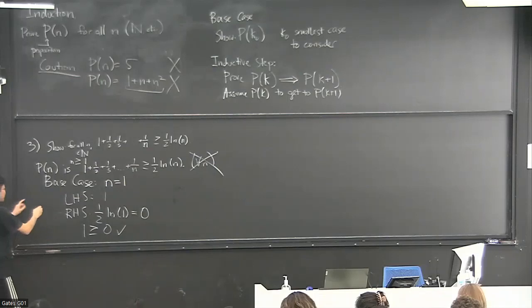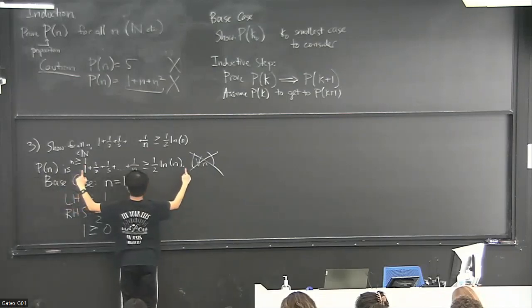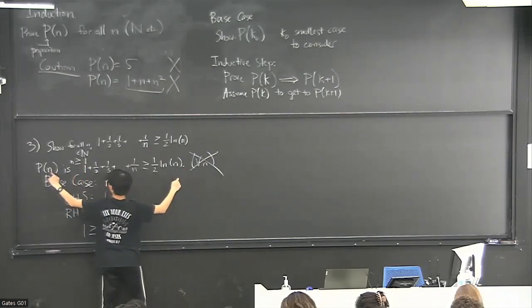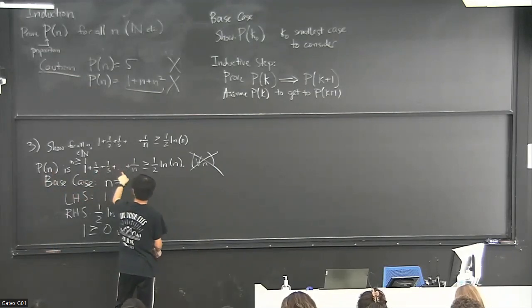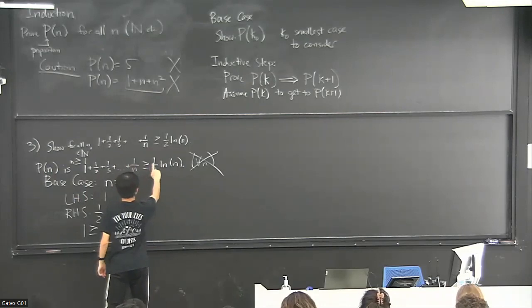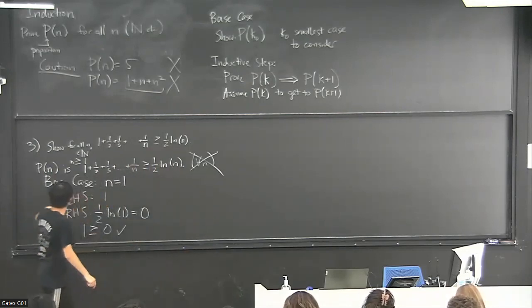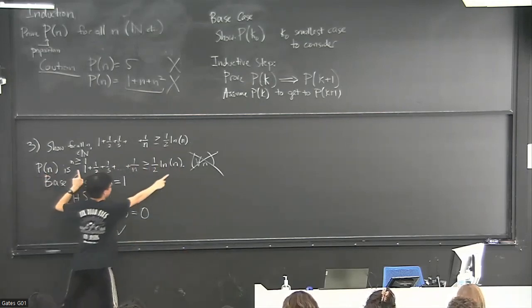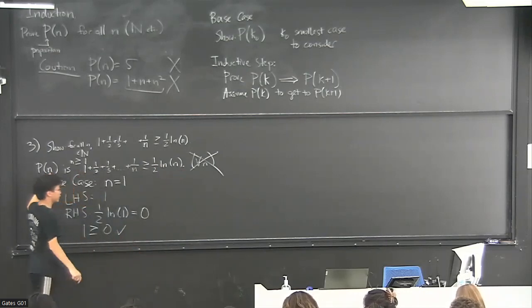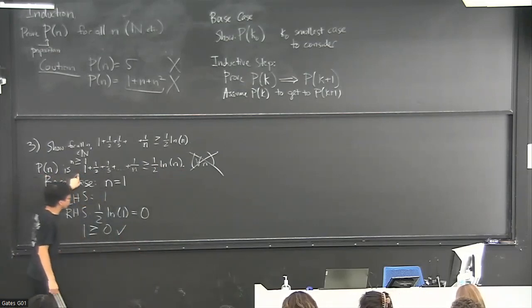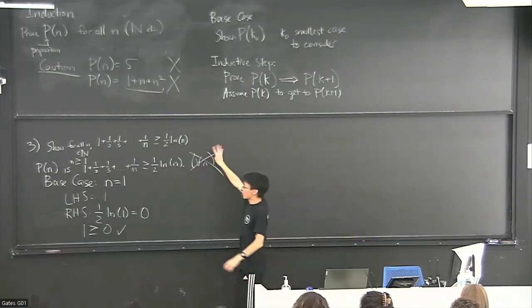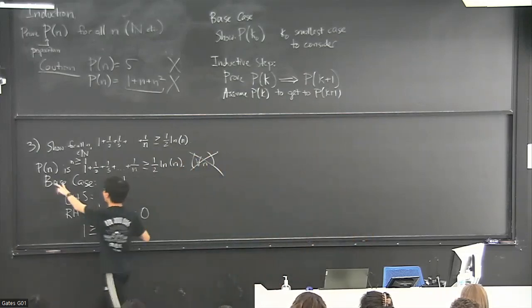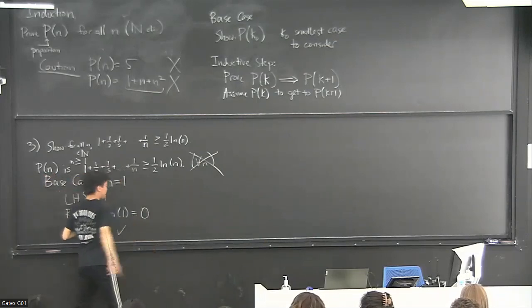P of n is saying this is the proposition I'm talking about, and I'm applying it to the value n. Therefore, P of 5 is that 1 plus 1/2 plus 1/3 plus 1/4 plus 1/5 is greater than or equal to half natural log of 5. P of n here is this statement applied to specific value n. Therefore, when you write P of n, you just write this. Don't write any for all n or for every n after it. Just write P of n is this statement involving n.